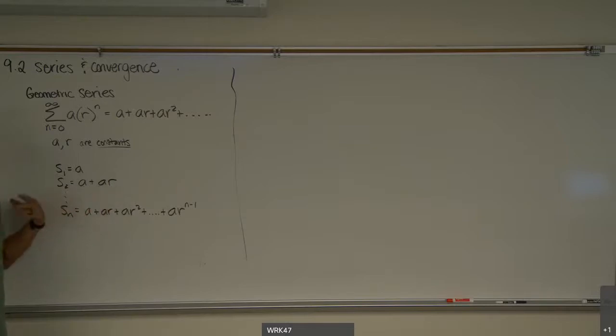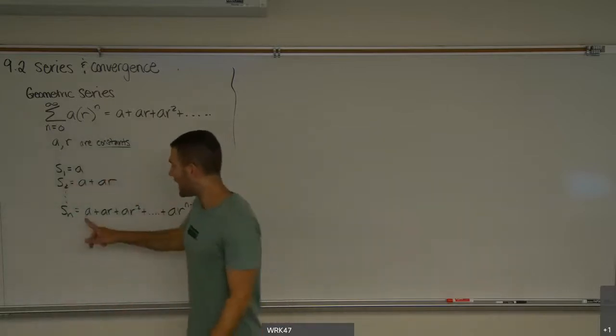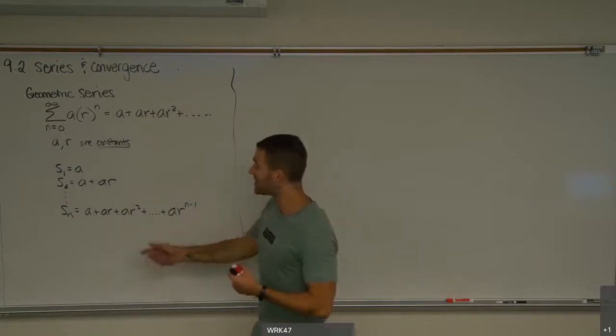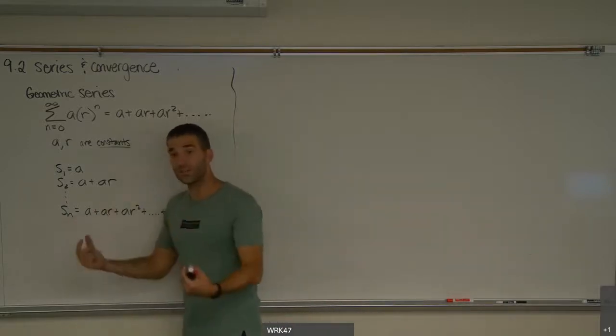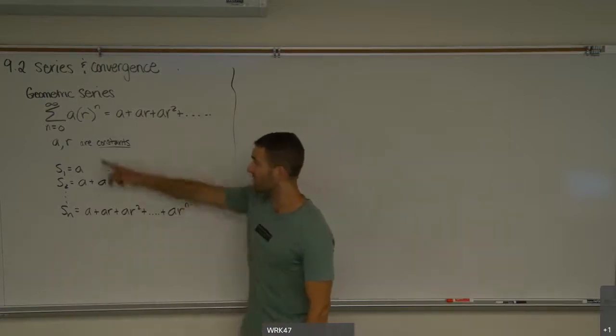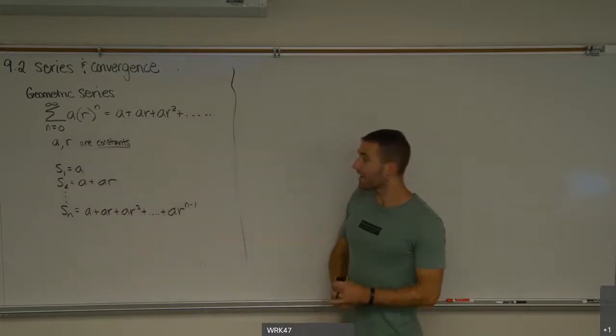The sum of the first 3 terms, and so on. The sum of the first n terms would then be a plus ar out to ar to the, not n, but n minus 1. And that's because n terms, including the 0 term, would then only get me out to the n minus 1th power because of the starting at 0 thing. So we're kind of taking a step back.